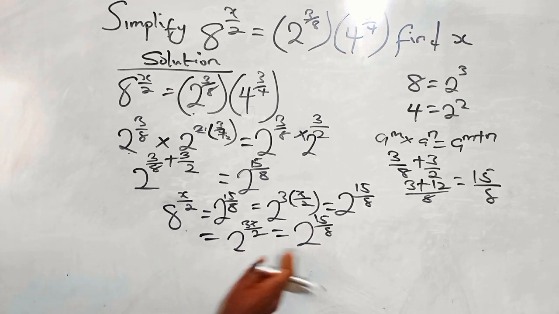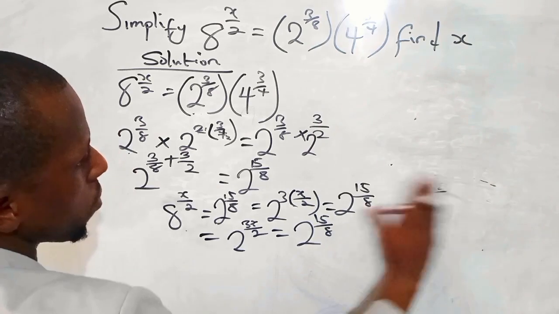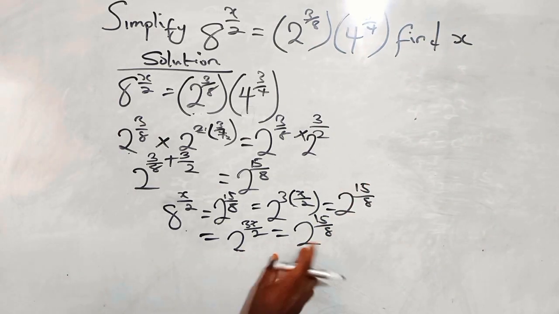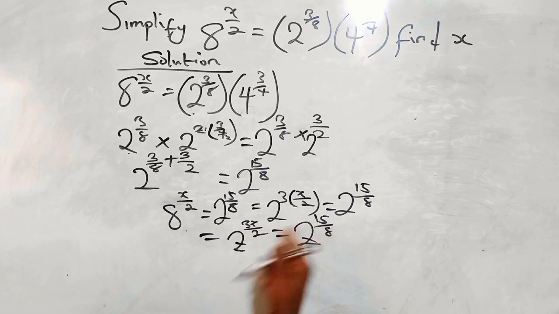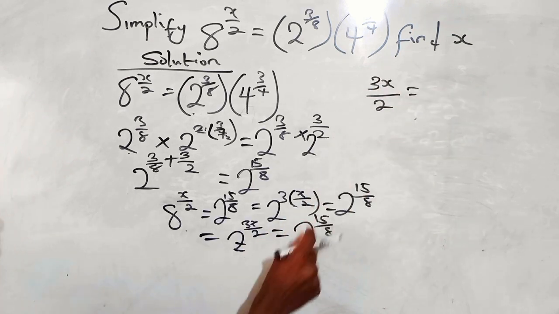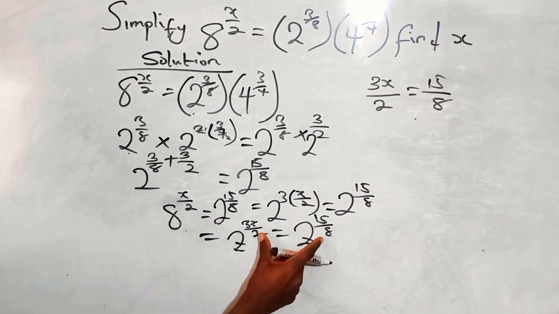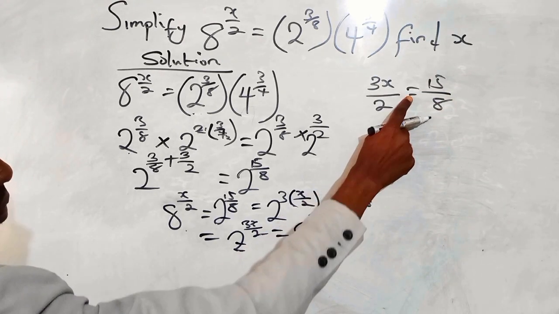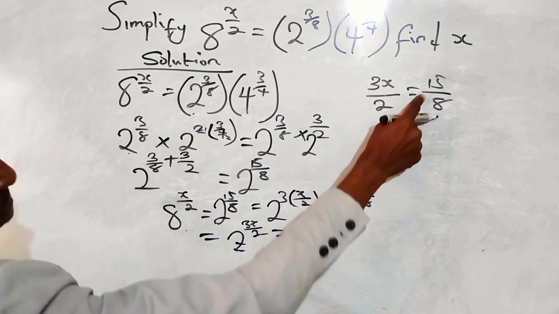From here, I have the same base. When you have the same base, we can take it out and equate the powers. So here we have 3x over 2 equals 15 over 8. Now we have an equal sign and we are looking for the value of x, so we cross multiply.